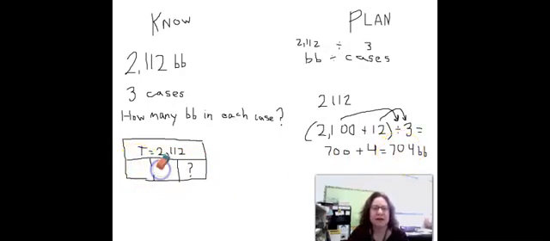So let's do that. 704 building blocks in this first case, in the second case, and in the third case.